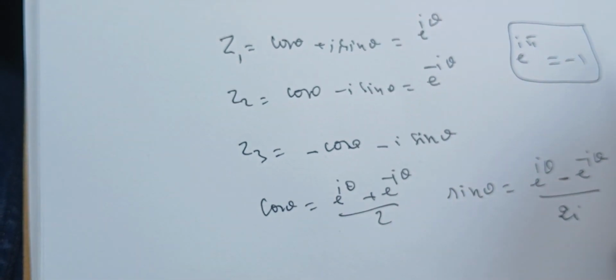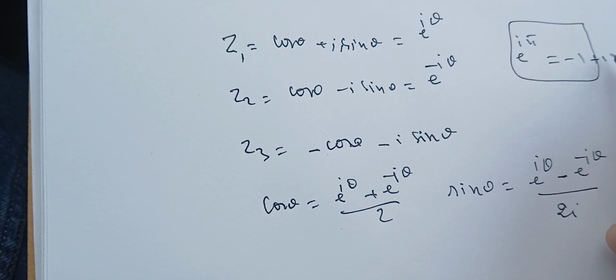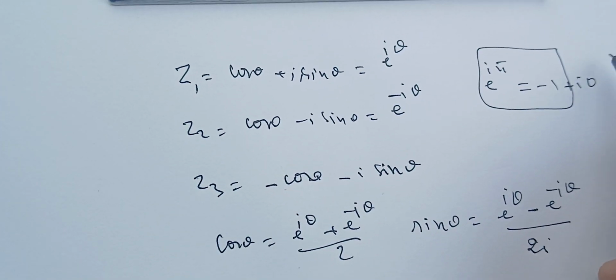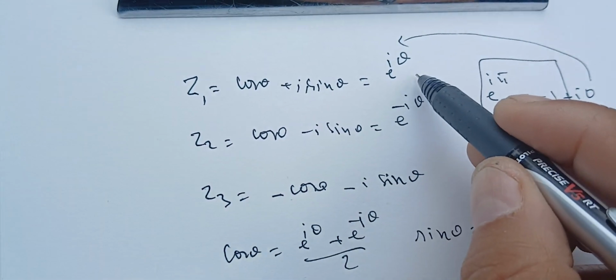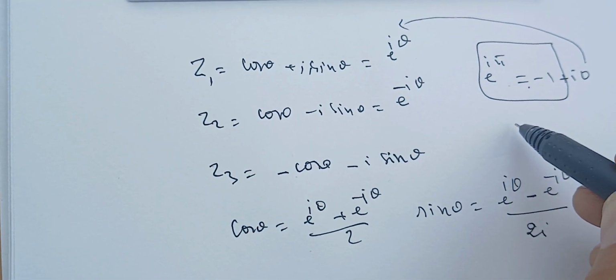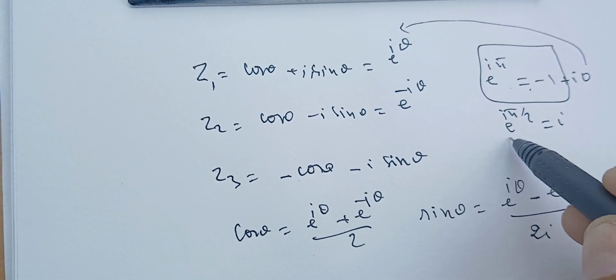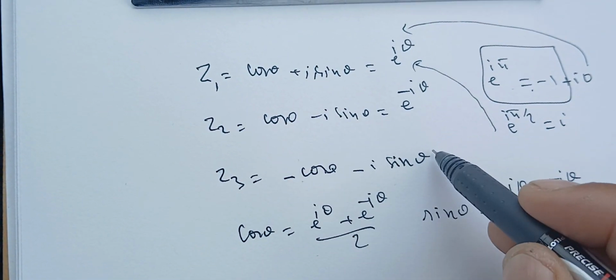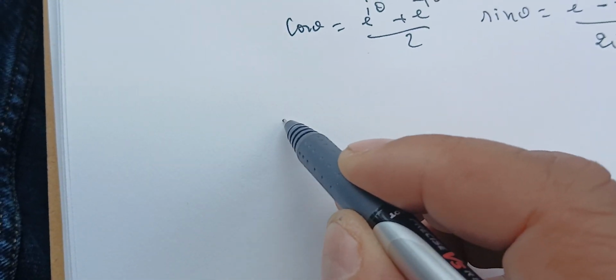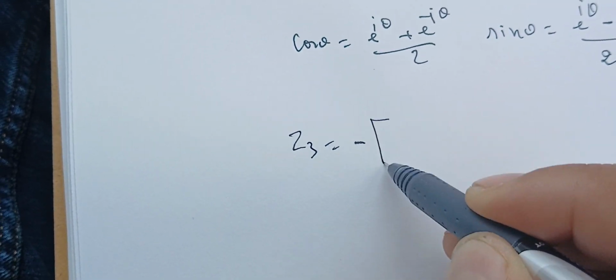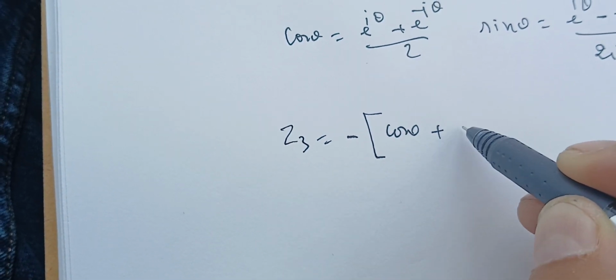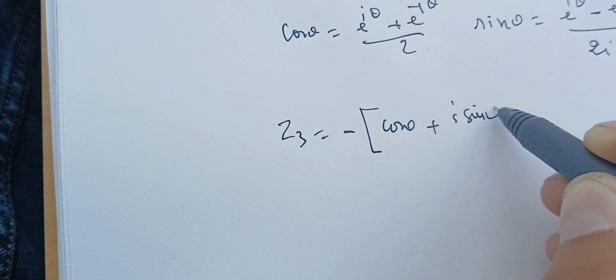So here, this is minus 1 plus i times 0. And using this one here, we can see it. e to i pi over 2 is i. Okay, now we see that our complex number z3 is minus cosine theta plus i sine theta.